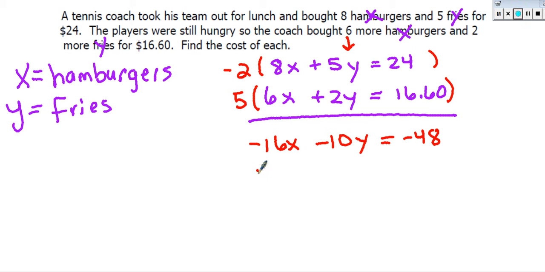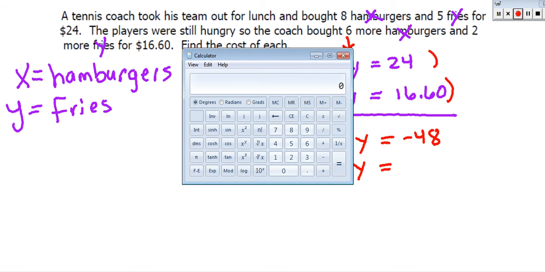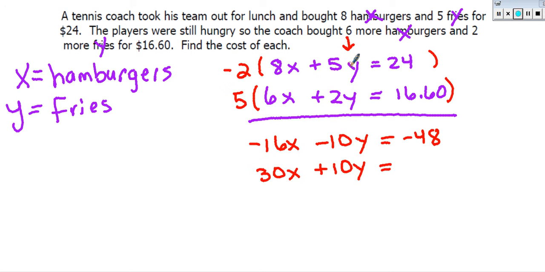So 5 times 6 is 30, 5 times 2 is positive 10, and then 5 times 16.60, when you get a calculator for that, is a total of 83.